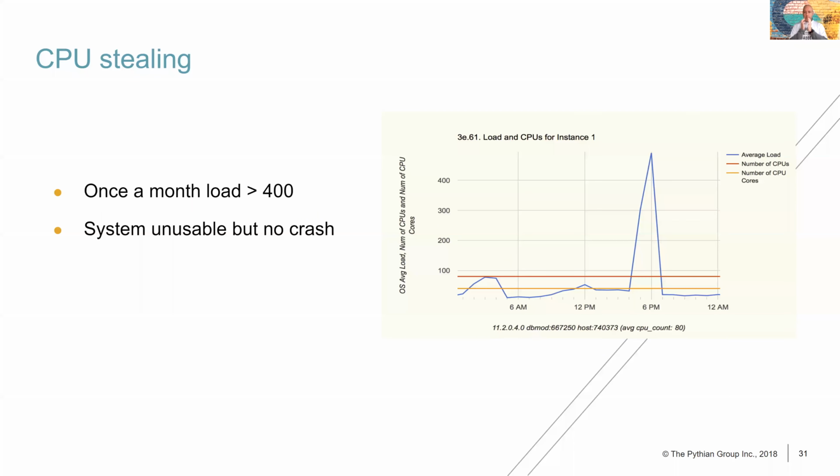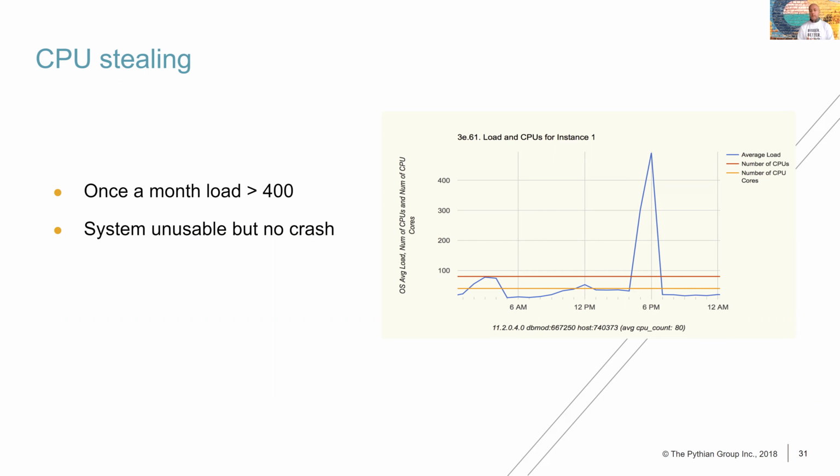All right, this is a big one. We had a relatively big system here, with a lot of CPU available. And every now and then, throughout every month, we would get this very high load on CPU.